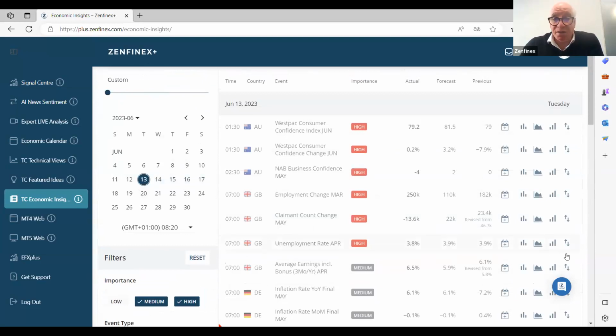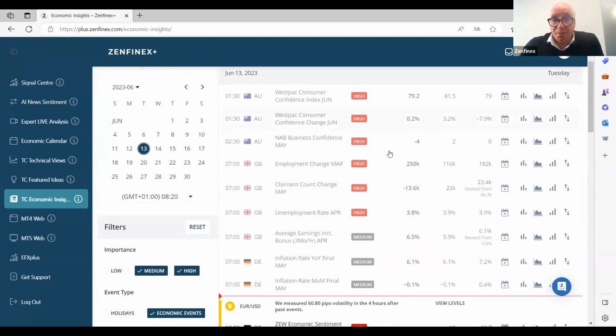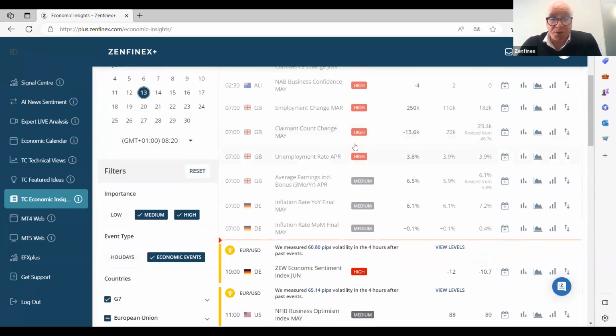It's 13th, lucky 13th. We've had some GBP, which is the cause of that spike, claimant count change, less than expected. Unemployment come down a little bit. So that's what's affecting the pound dollar that we've just looked at.